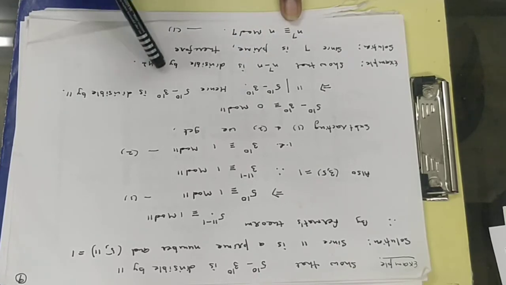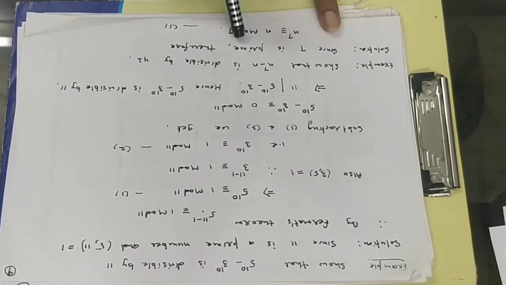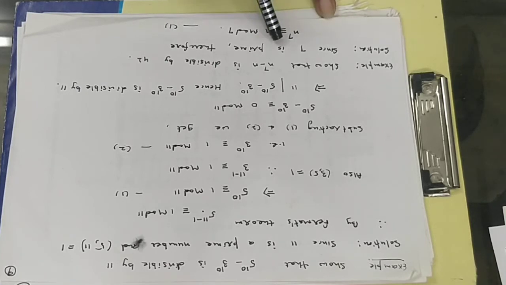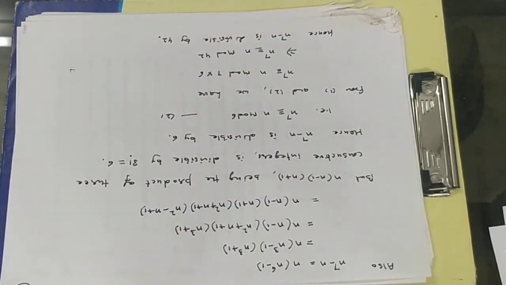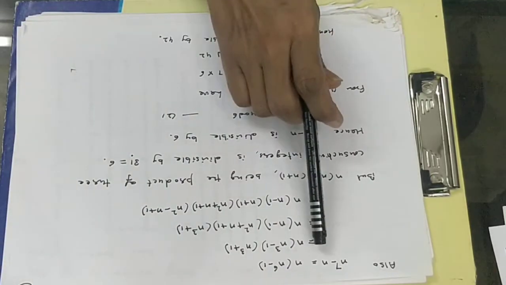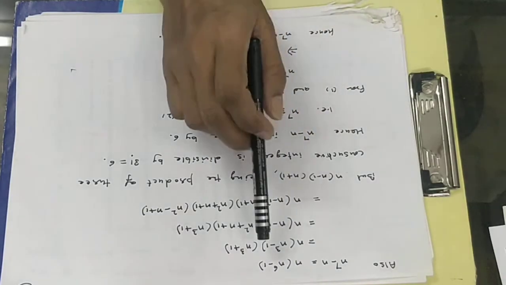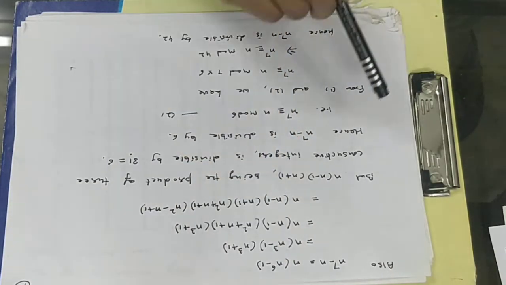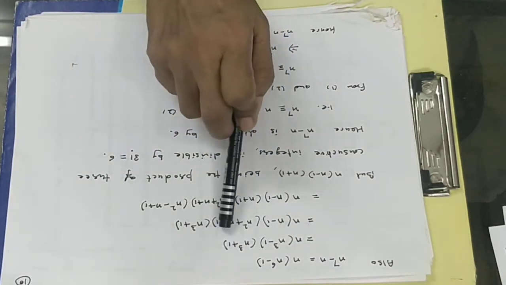n to power 7 minus n is divisible by 42. Let's prove it. Now since 7 is a prime, therefore by Fermat's theorem, n to power 7 is congruent to n modulo 7. Also n to power 7 minus n can be written as n into n to power 6 minus 1. Again we can factorize n to power 6 minus 1 into n cube minus 1 into n cube plus 1.